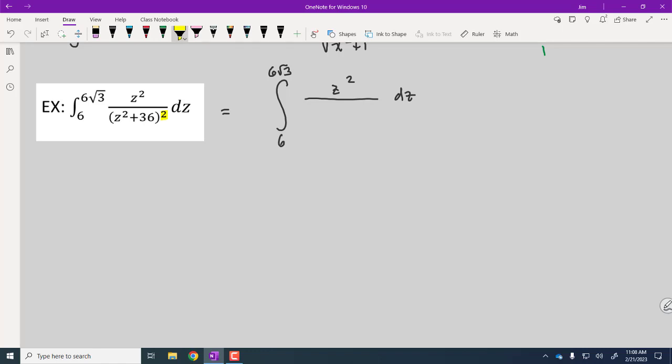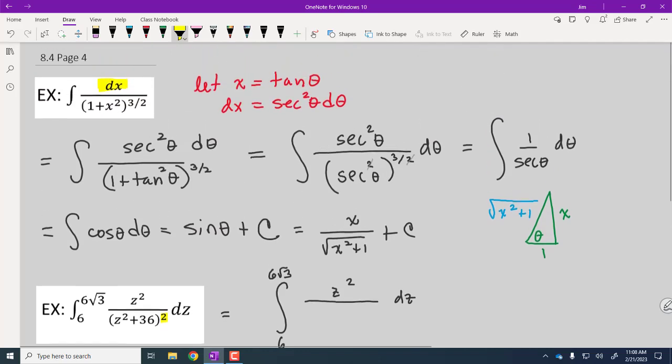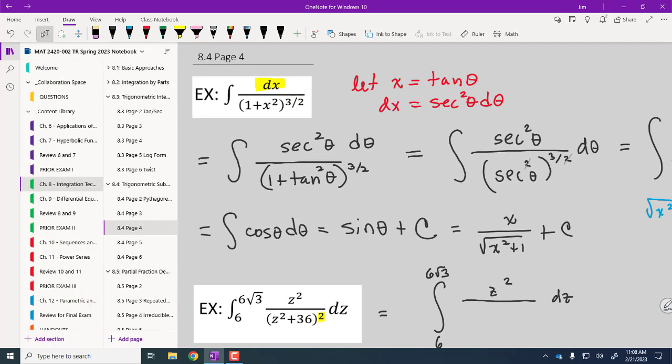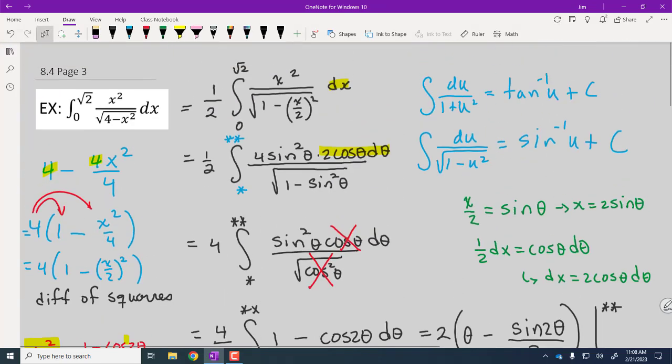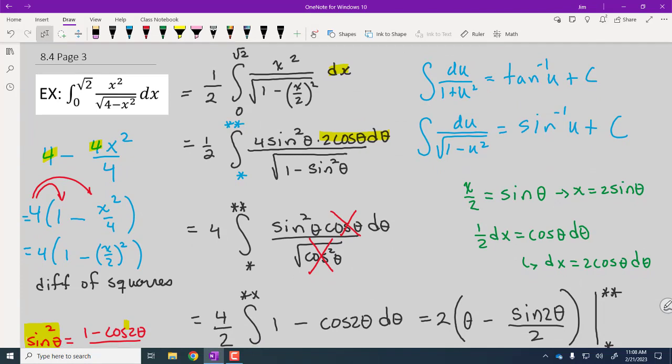If we pull something out, the power comes along with it, just like on this page. Here, we had a 4 in the denominator. The power on that 4 is a square root, a 1/2 power. So when it comes out to the front, it comes out with the power. And the square root of 4 is 2.